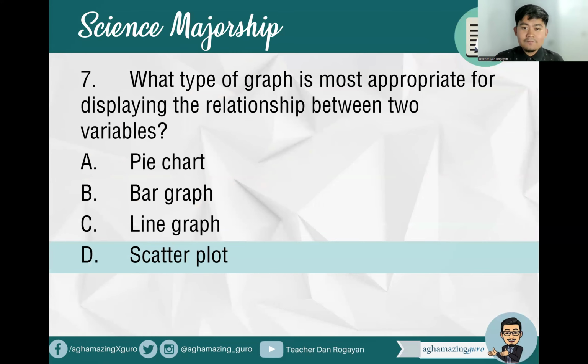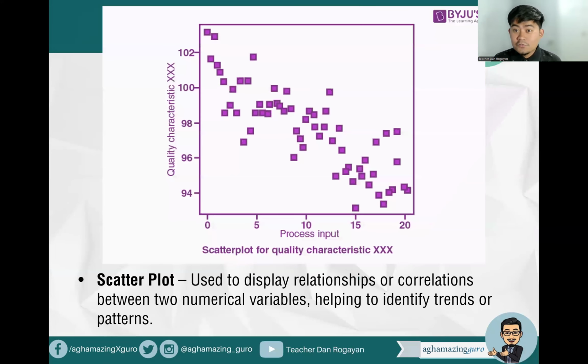We use scatter plot for relationship between two variables, no? And the relationship or correlation between two numerical variables, helping to identify trends or patterns. So you can see here the scatter plot wherein we can see that there is a relationship between the process input and the quality characteristic.